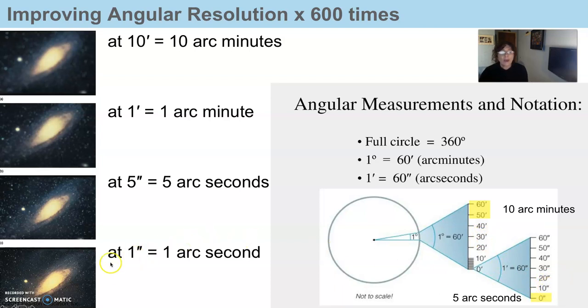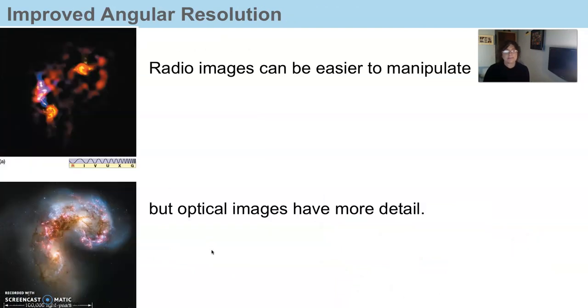You can get it all the way down here to a resolution of about 1 arc second, which, if you think about it, is a 60th of an arc minute, and that is a 360th of an entire circle. So we can really narrow this down, and we can measure the amount of angular resolution we have, and we say that this angular resolution is within 1 arc second. It's really a goal that you're looking for in fine optics.